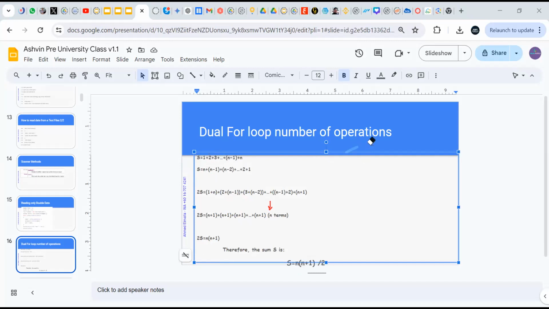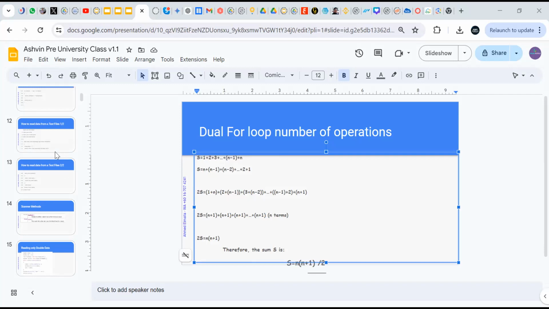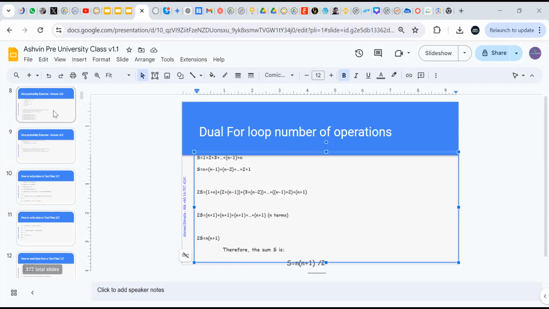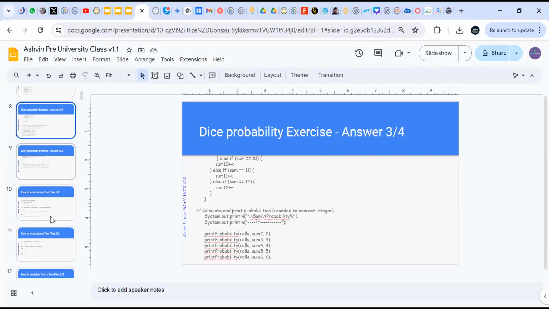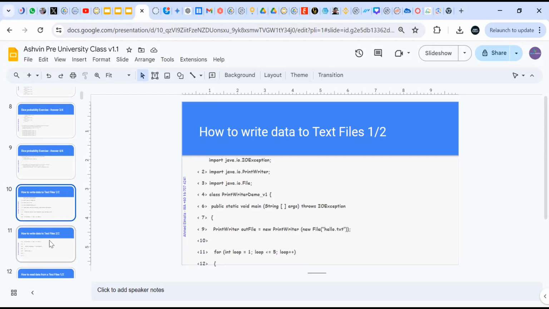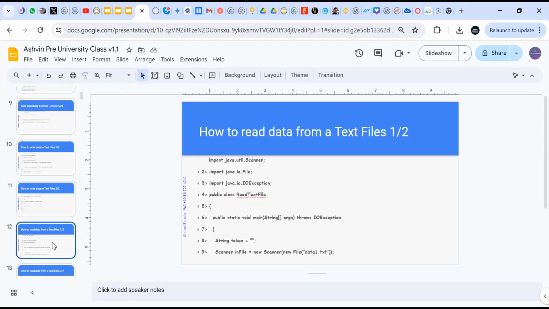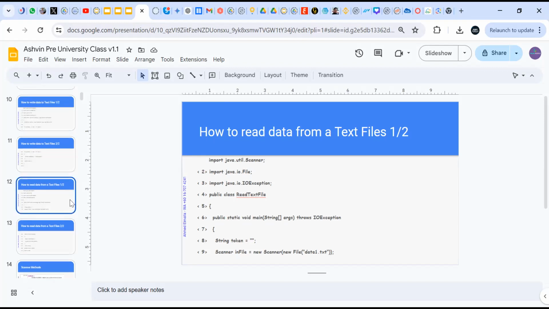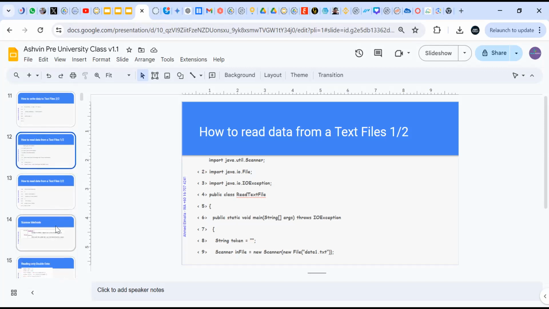So I would like to teach you now something slightly different, which is how to read, not how to write. We would like to know how we can actually read from a text file. But before we do that, let me try the easy code first.